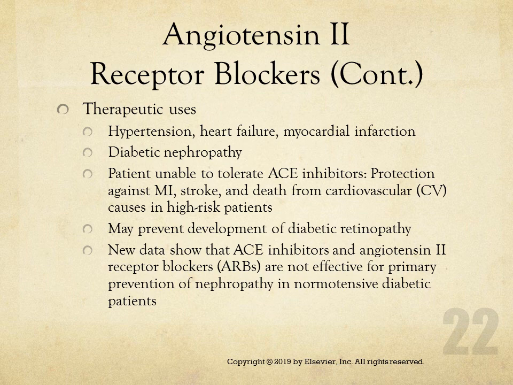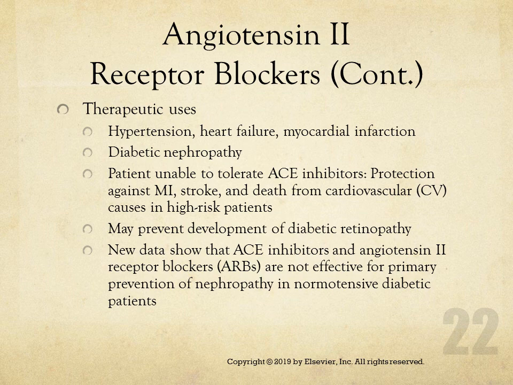So therapeutic uses are similar to those of the ACE inhibitors for hypertension, heart failure, diabetic nephropathy. You want to give it if a patient cannot tolerate an ACE inhibitor, because it still gives the same protection from MI and stroke in high-risk patients.